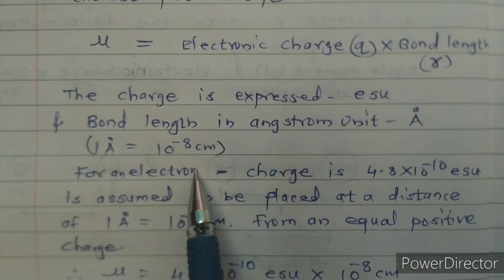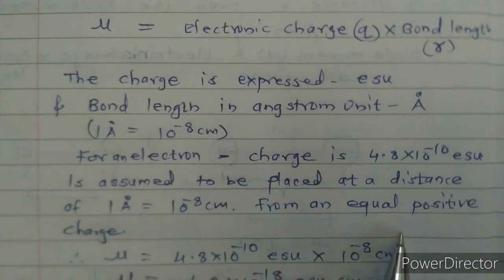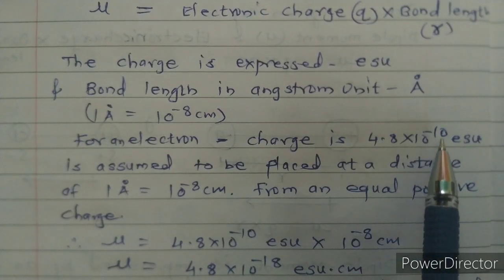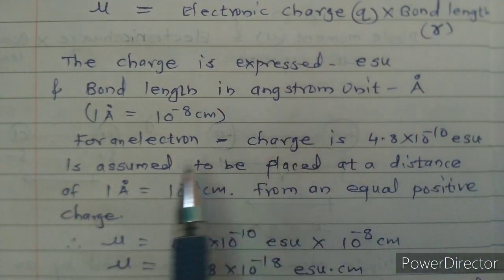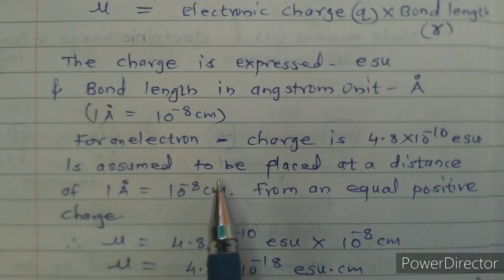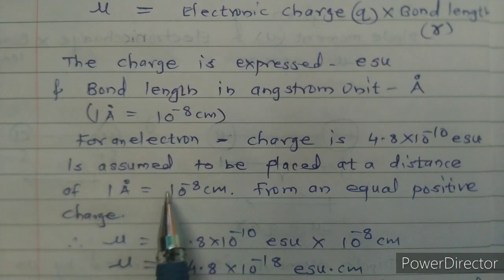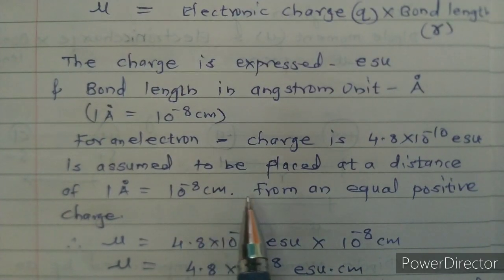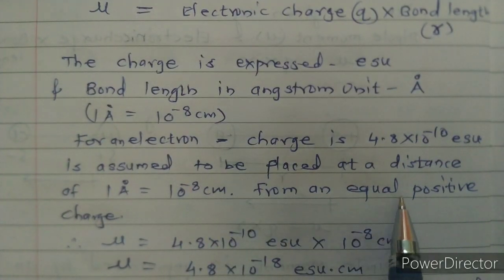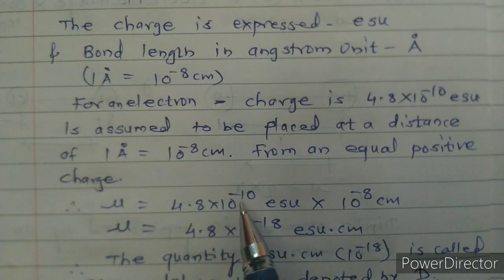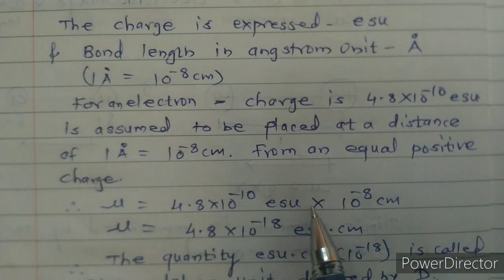For an electron, the charge is 4.8 into 10 raised to minus 10 ESU, assumed to be placed at a distance of 1 angstrom, that is equal to 10 raised to minus 8 centimeter, from an equal positive charge. So mu equals 4.8 into 10 raised to minus 10 ESU into 10 raised to minus 8 centimeter.